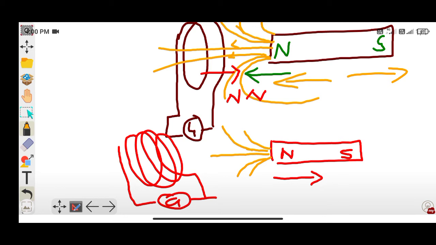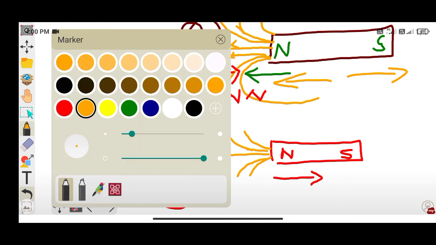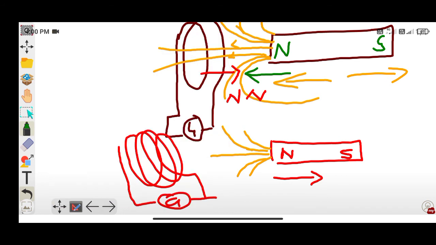In that case, this coil should behave in such a way that it generates south in this way and north in this way. And south and north will attract. When they attract, this will resist the moving of the magnet away from the coil, because it is attracting it, it doesn't allow it to move away.